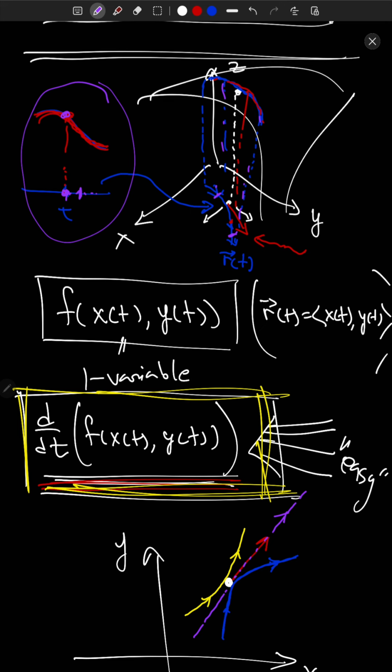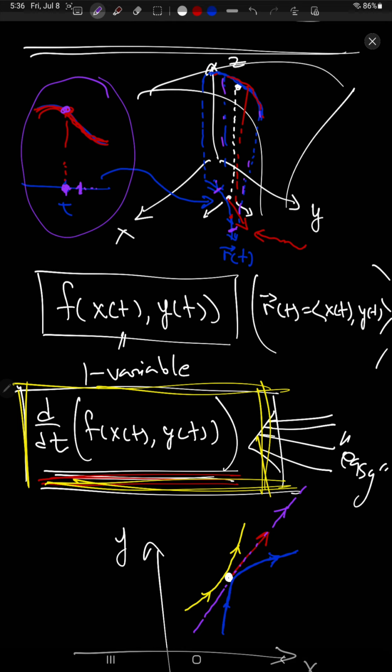On the other hand, if one step here corresponds to a tiny step on the curve, then it's going to look like my function changes really slowly. So I'm going to get different information if I do different parameterizations.